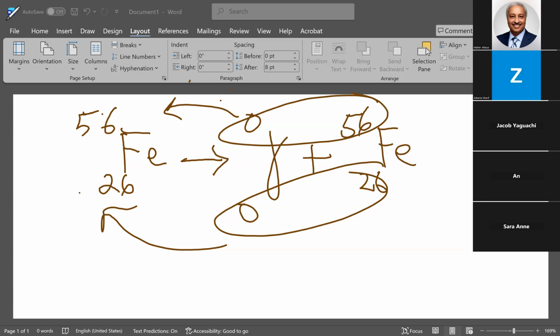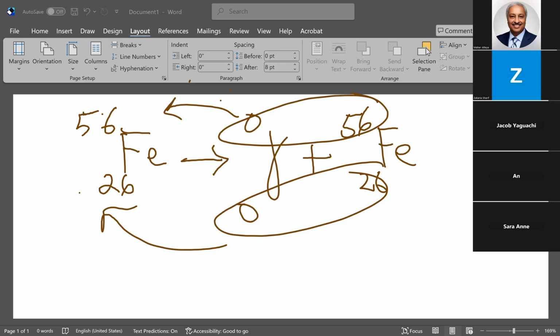So let's take another example, another element. Pick up any element of your choice and just let me know. Any question, guys? Any question to balance nuclear equations?